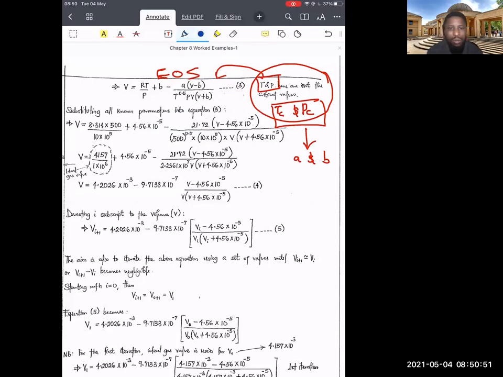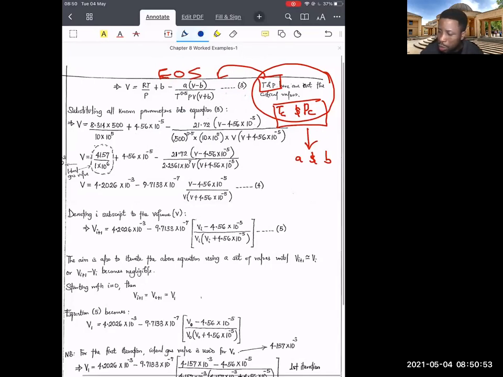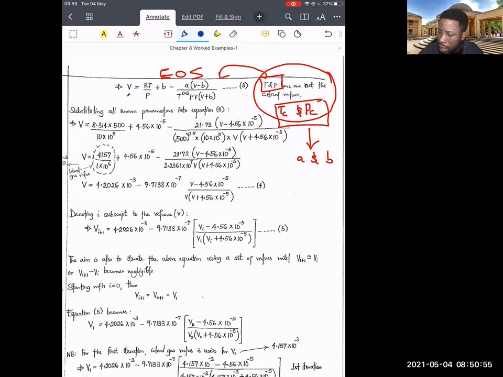All right, so we have our V value. So we've said this is our working expression. So we plug in our values, RT over P, which is there, and then B, plug in every other thing, A, that is A, V minus B. So V minus B, you have that there.